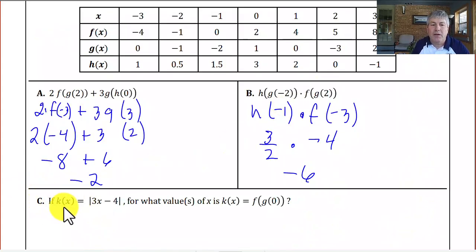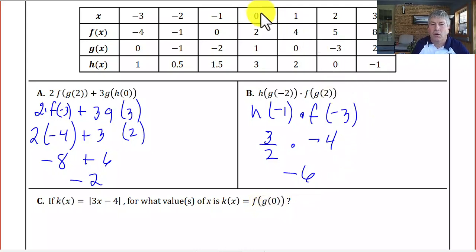In example C, we're given that function k of x is an absolute value function. It equals the absolute value of 3x minus 4. For what value of x is k of x equal to f of g of 0? So we need an output here, f of g of 0. That's going to be our output for k of x. So let's explore first what's f of g of 0.